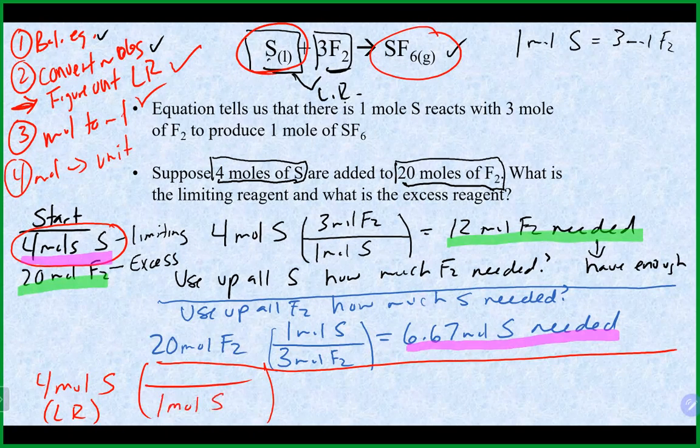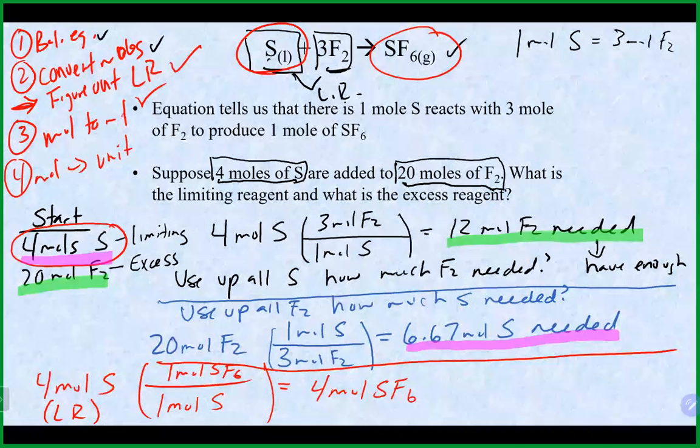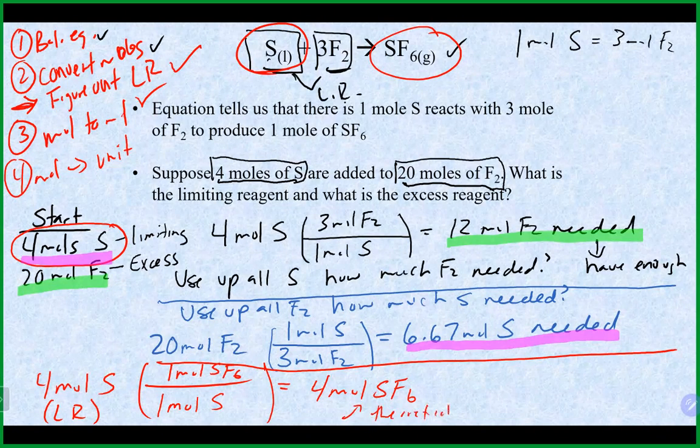So 1 mole of sulfur gives me 1 mole of SF6, and I would end up with 4 moles of SF6. I could obviously get the molar mass from the periodic table and figure out how many grams that would be. That would be our theoretical yield in moles. And again, we could do step number 4 and convert it into grams using the molar mass of SF6.